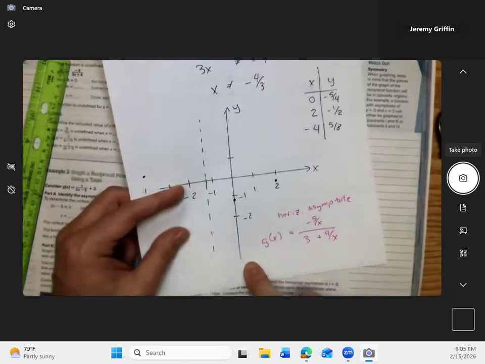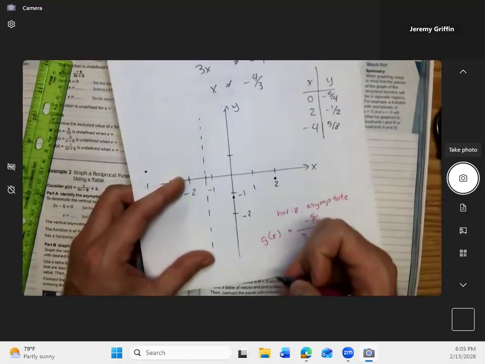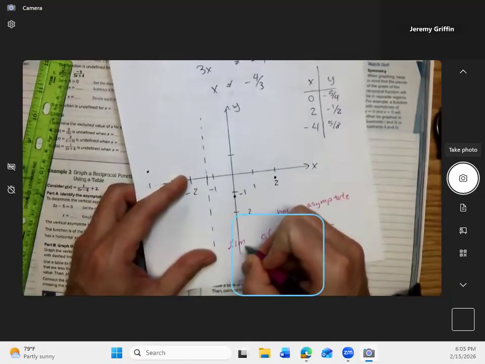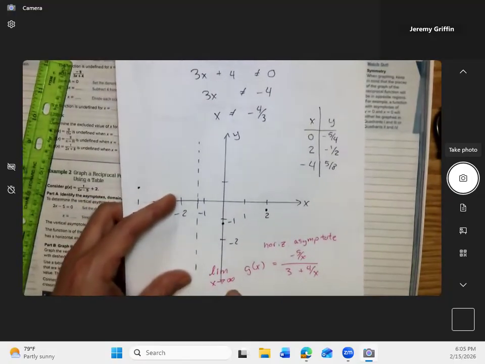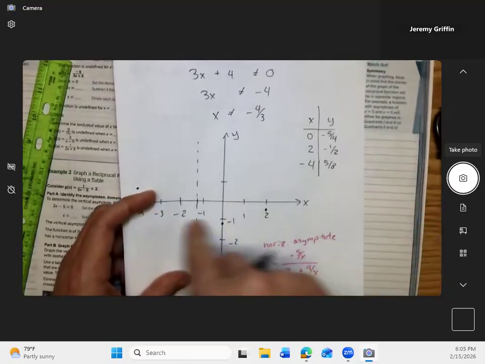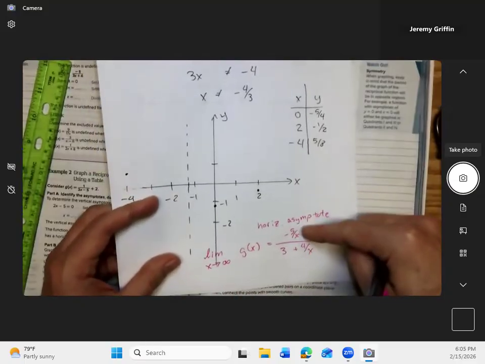And I'm going to jump ahead in math and use some notation you may not have seen before. What if you take the limit as x approaches infinity? A marker of a horizontal asymptote is if you let x go to infinity or negative infinity for that matter. I'll just let it run to infinity. If you do that, what's negative 5 over infinity?